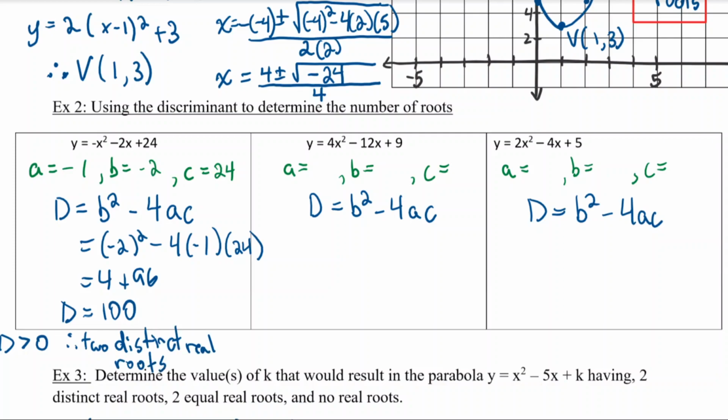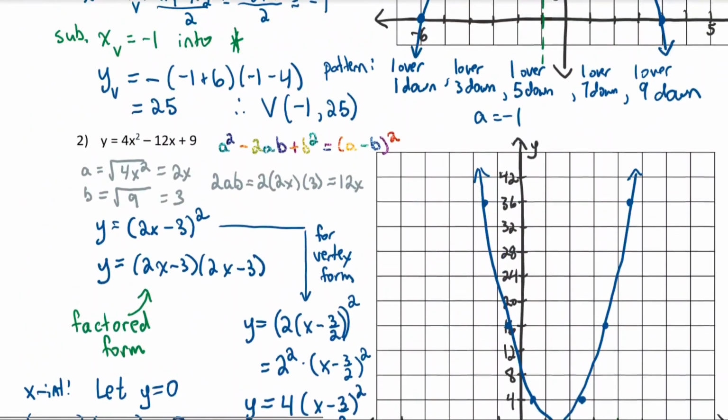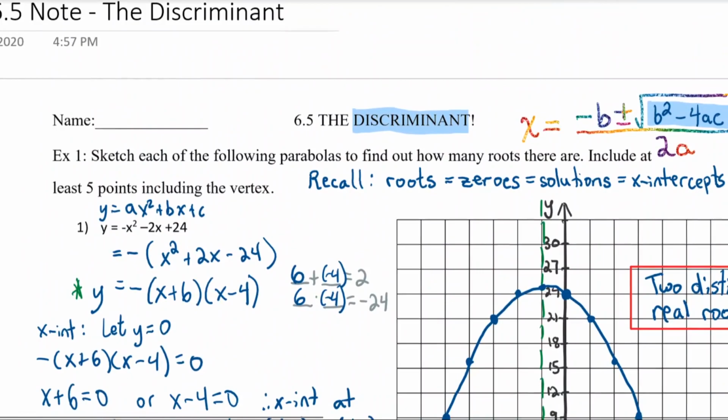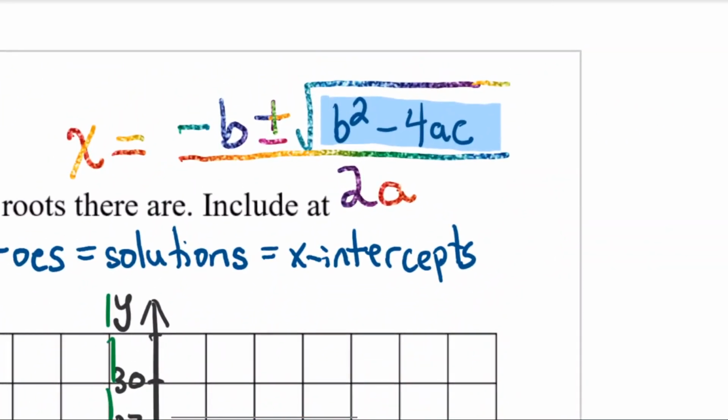And why is this the case? Why does it mean that we get 2 distinct real roots when the discriminant is greater than 0? If you look at the quadratic formula, so I think I have it to start up here. Here it is. Let's just focus on this right now. If this value inside the square root is greater than 0, it means we're going to get 2 different answers depending on whether we use plus or minus.